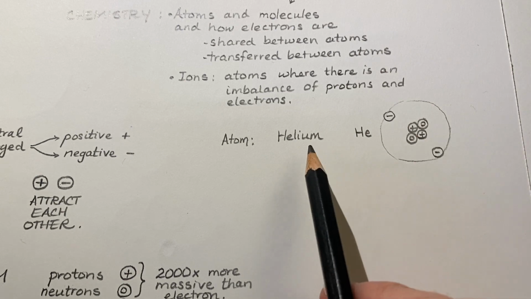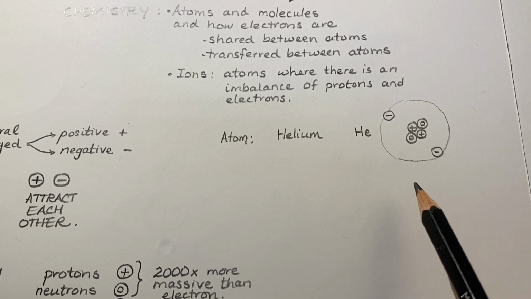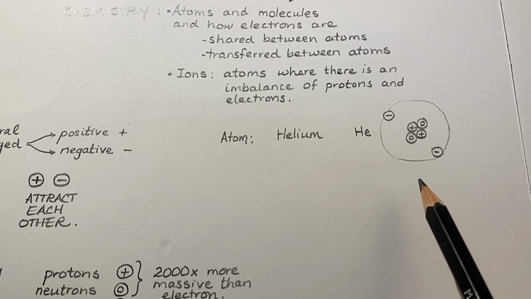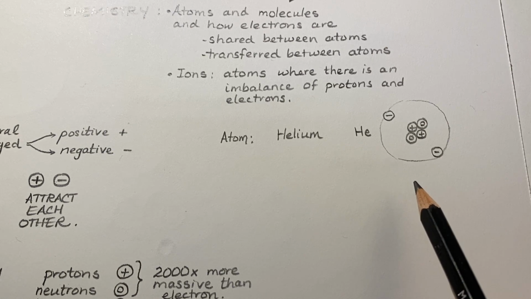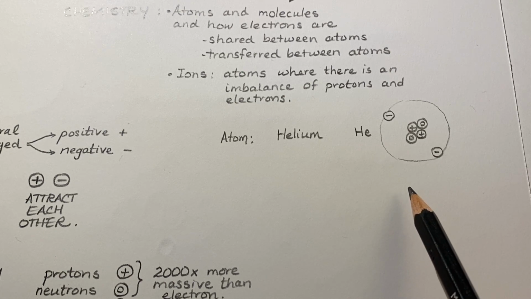Helium exists as just one atom by itself. So when you get a helium balloon, it's got a whole bunch of them, but single helium atoms floating around inside of that balloon.